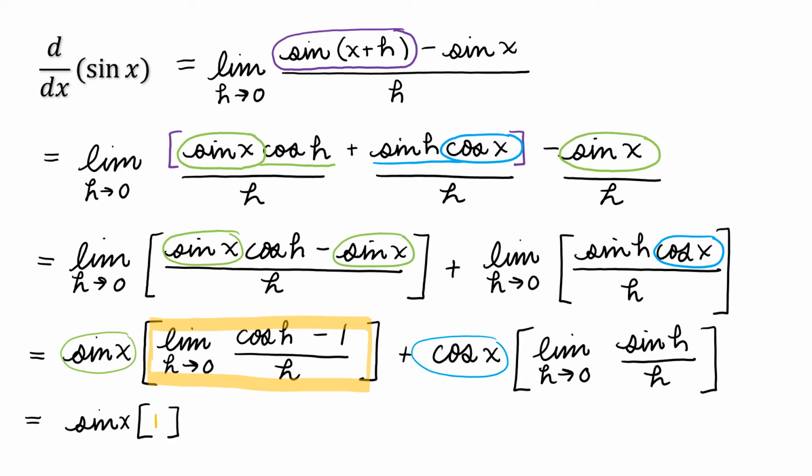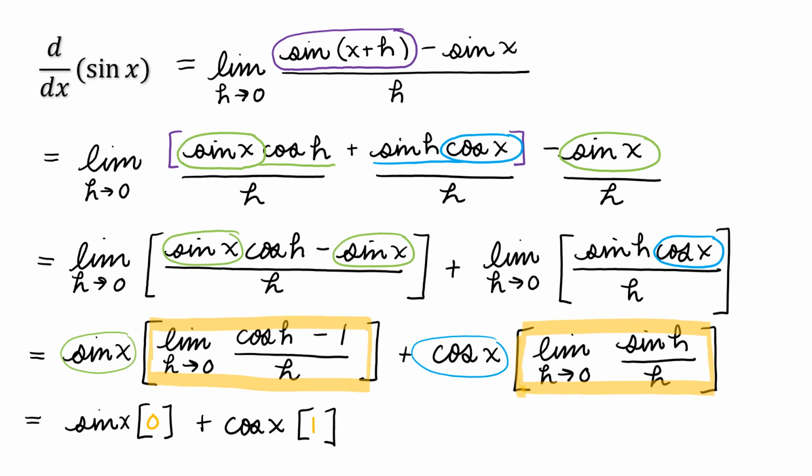which is equal to 0. Sorry, I don't know why I said 1. I was already thinking to the next part. Plus cosine of x times the limit as h approaches 0 of sine of h over h is equal to 1.